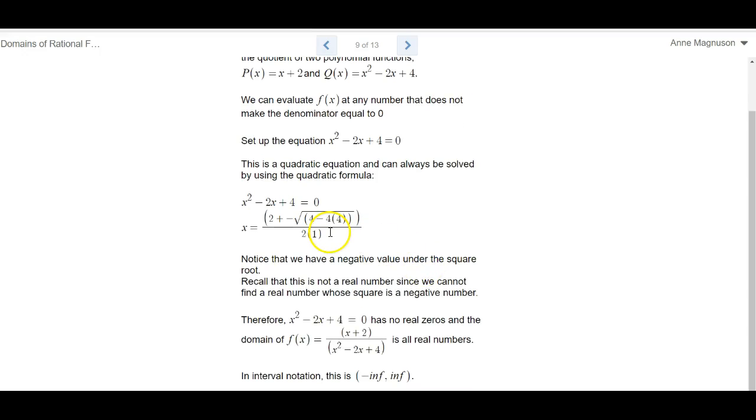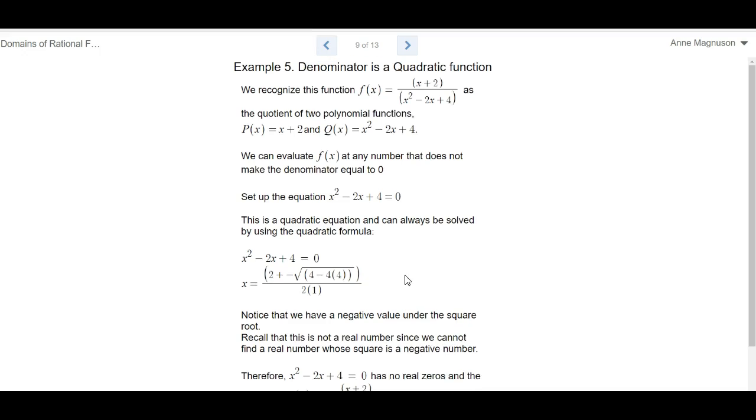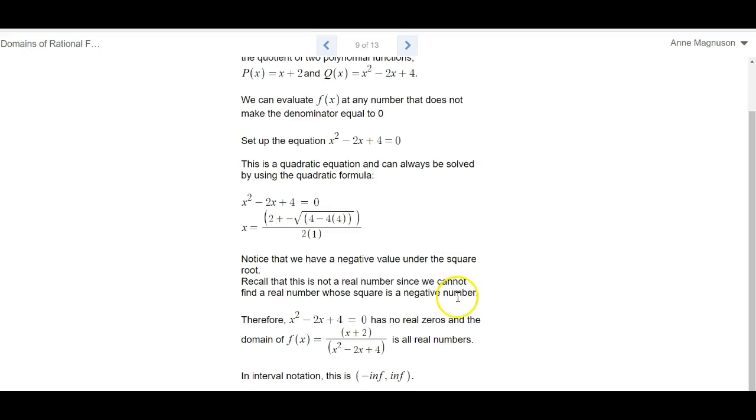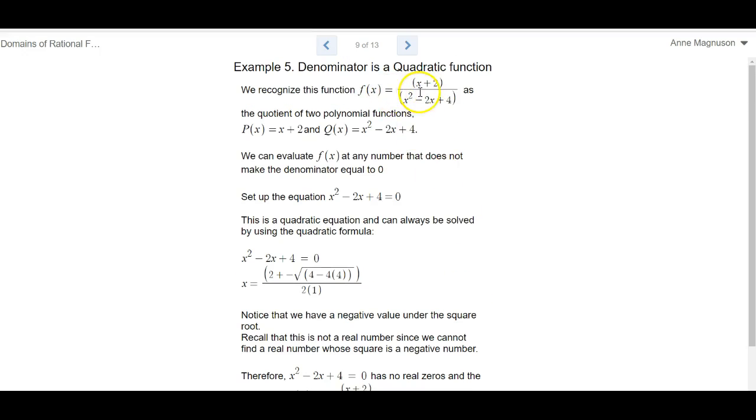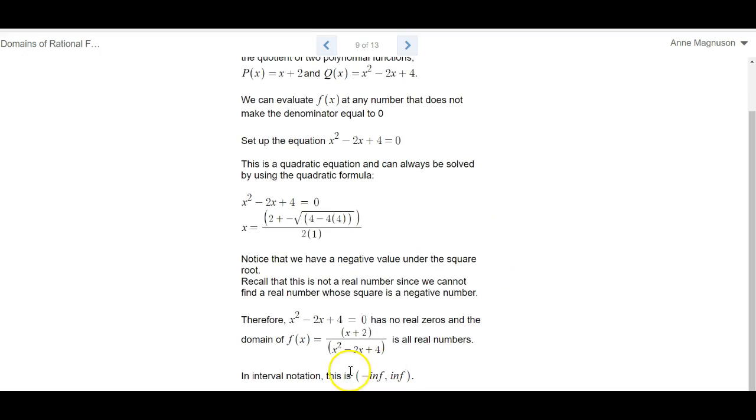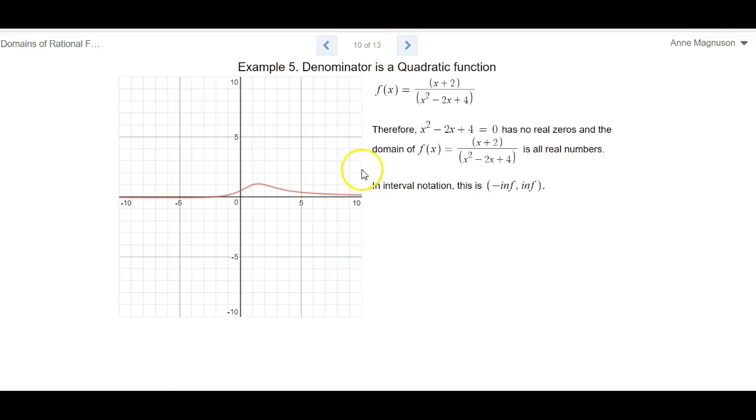So that means that I don't have any real zeros for this equation. So that means that there aren't zeros of our denominator. So all values of x can go into our rational function. So the domain is all real numbers. Here's the graph. Notice there aren't any vertical asymptotes.